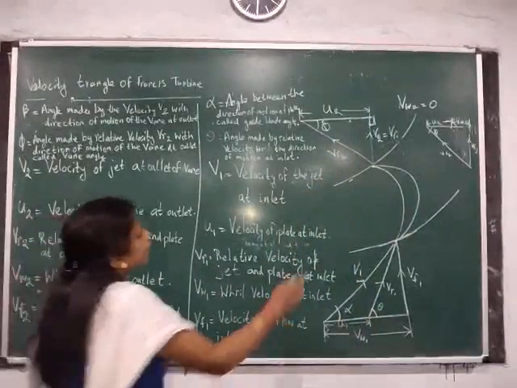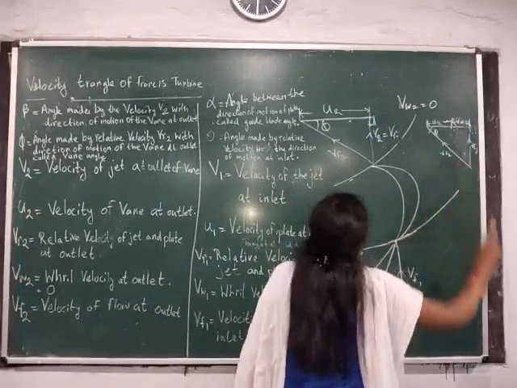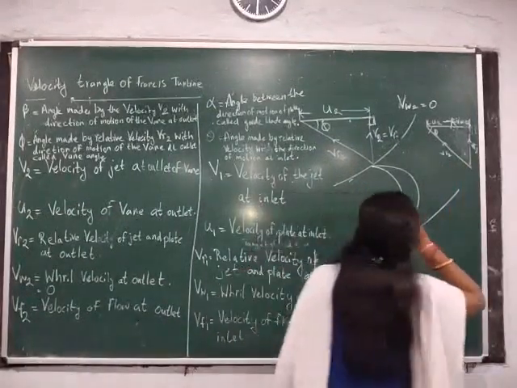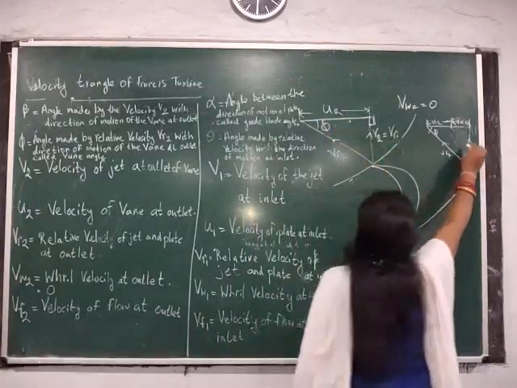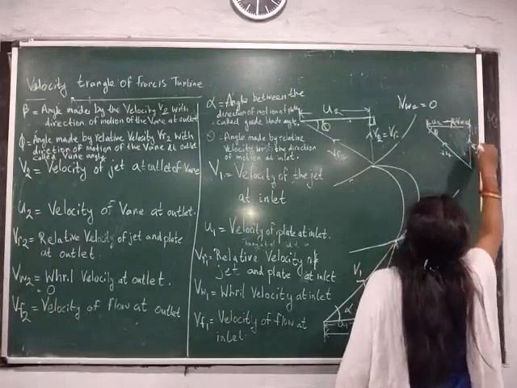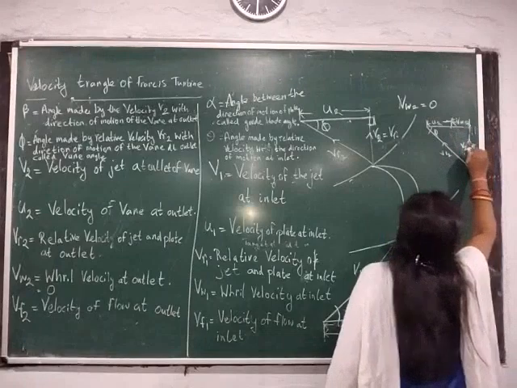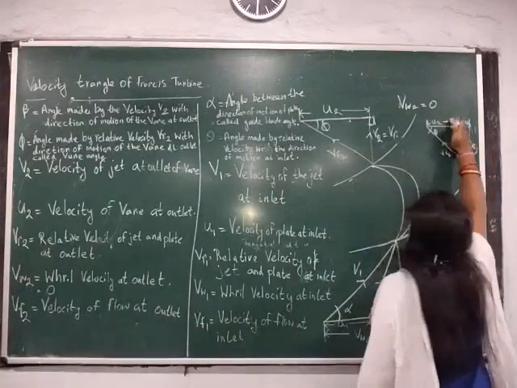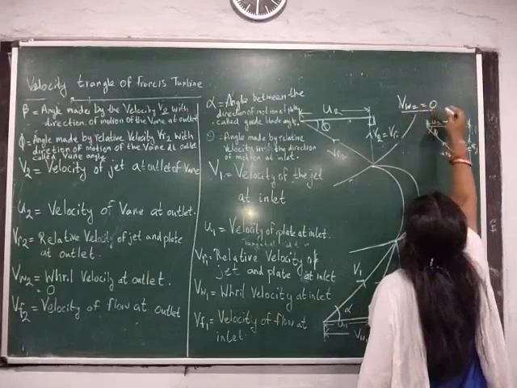Next, VR2 is the relative velocity at outlet. Since angle beta is equal to 90 degrees, V2 is equal to VF2, and VW2 is equal to 0.